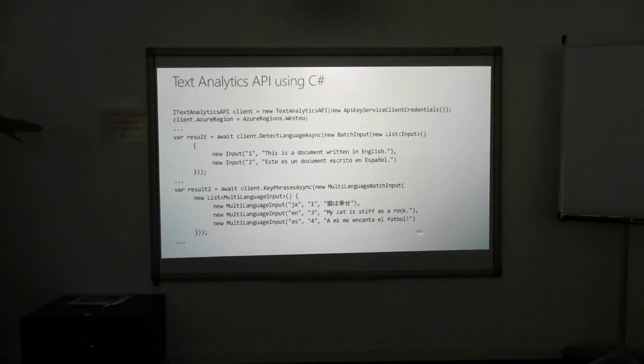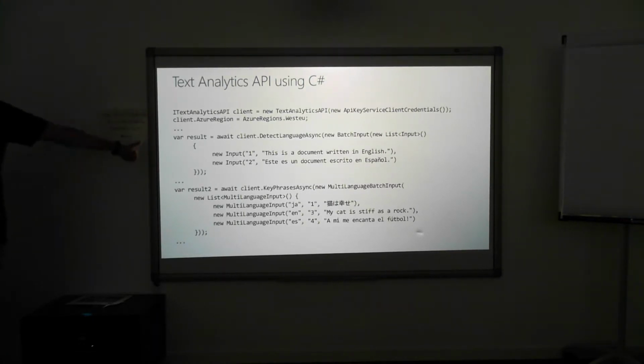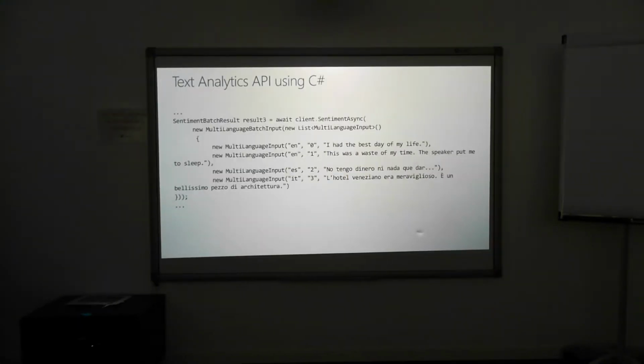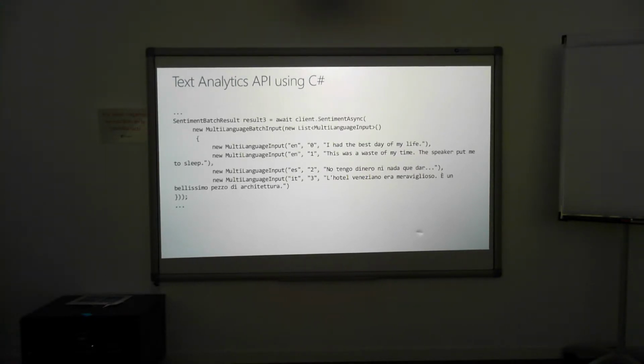The second example is for extracting key phrases, with three inputs: Japanese, English, and Spanish. And in this case, we have some code to create a sentiment analysis to find out if your sentence is good or bad.